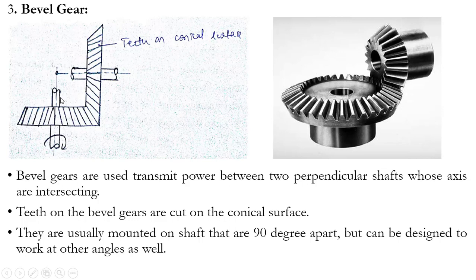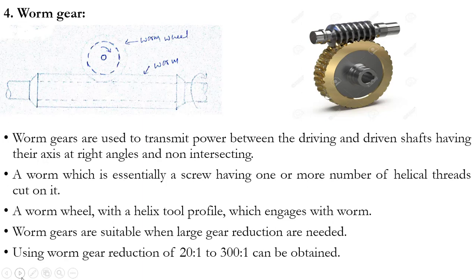Sometimes it may be more than 90 degrees, or sometimes less than 90 degrees. Usually in bevel gears, the two shafts will be perpendicular to one another and their axes intersecting, and in that case we will make use of the bevel gears to transmit the power. This is regarding bevel gears. Next, let us go for the worm gear.